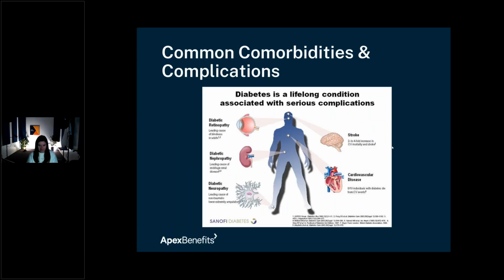So what happens if we let this blood sugar over time build up in our body and we don't do anything about it? Well, that is why diabetes is that 8th leading cause of death. Most of the time, it's creating one of these things to happen that's on your screen today.